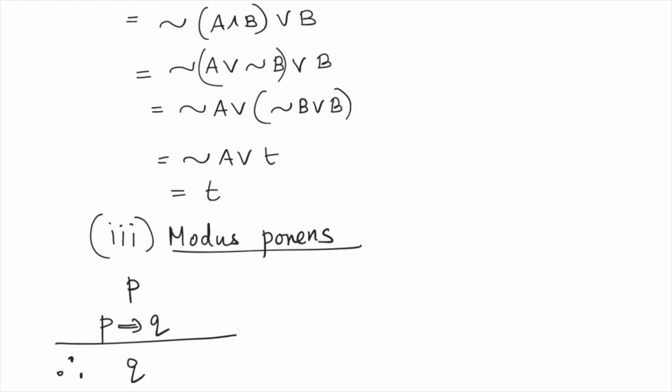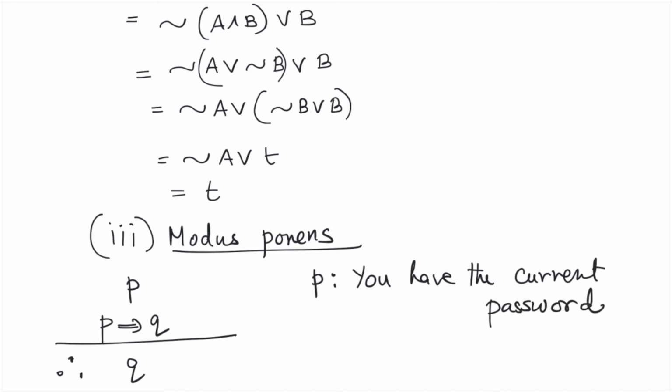So consider the statement P: you have the current password. Q is: you can log on to the network.